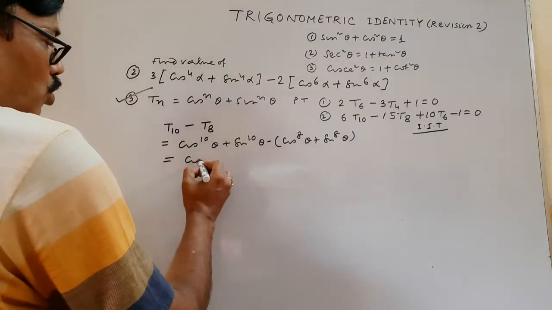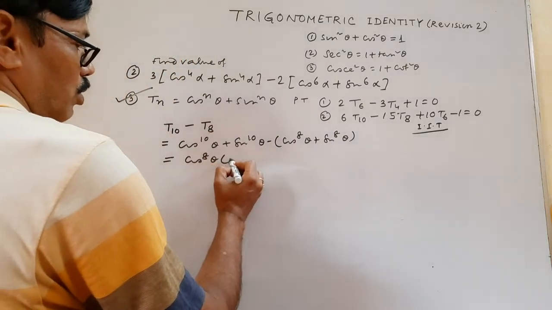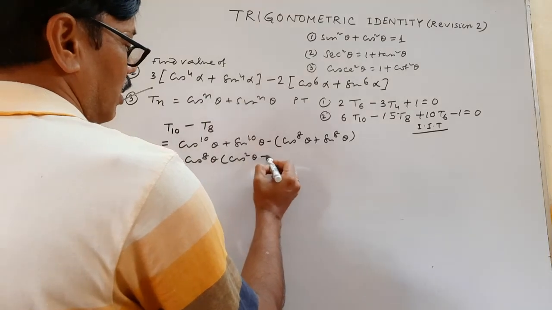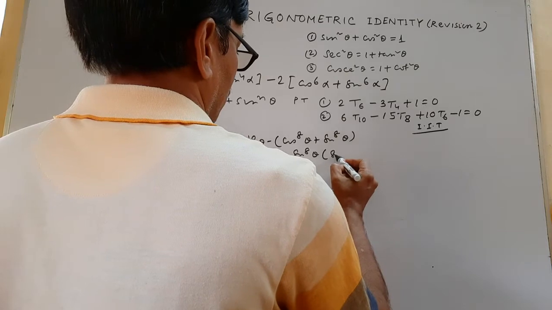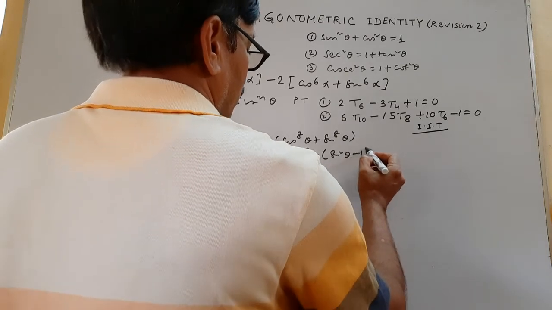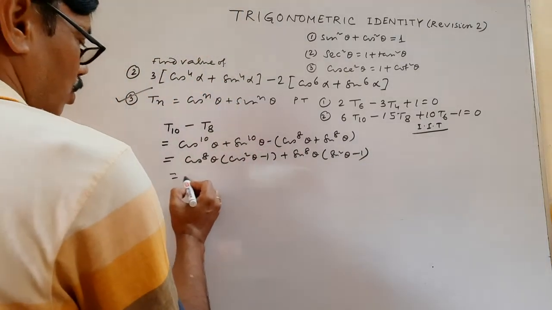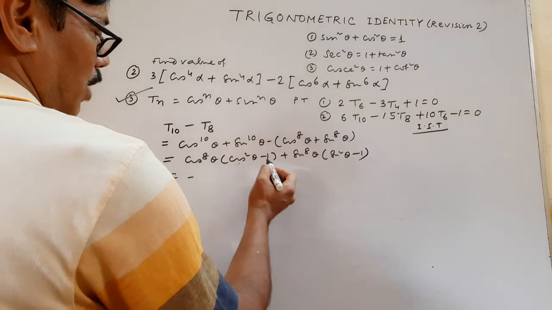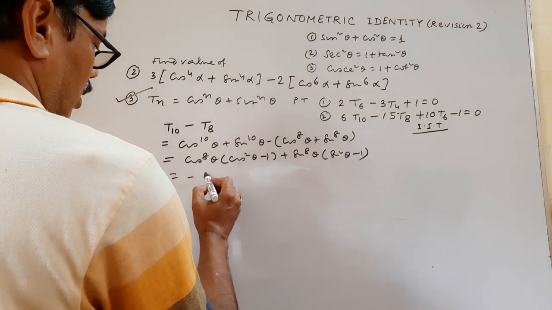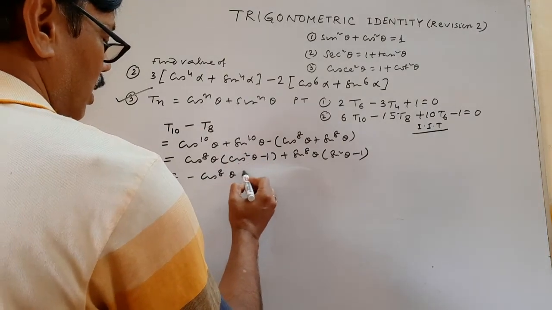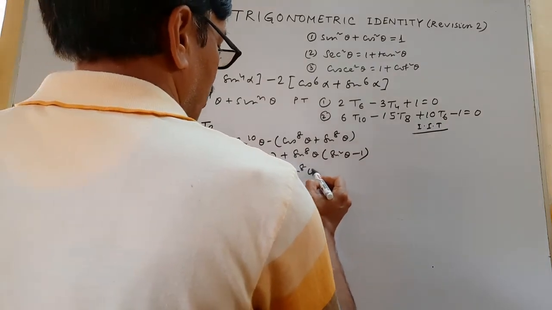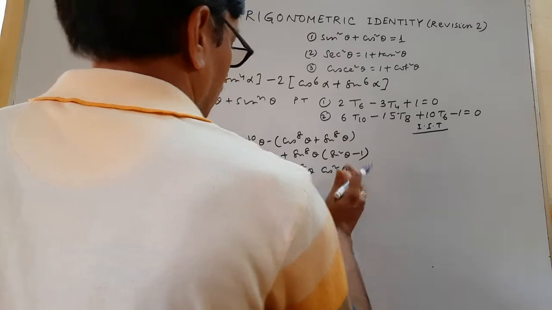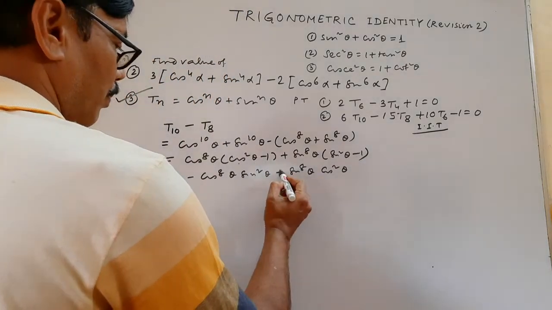So this is cos to the power 8 theta common, cos square theta minus 1, sine to the power 8 theta common, sine square theta minus 1. So minus cos square theta minus 1 minus sine square theta. So cos to the power 8 sine square theta, sine to the power 8 cos square theta, with a negative also.